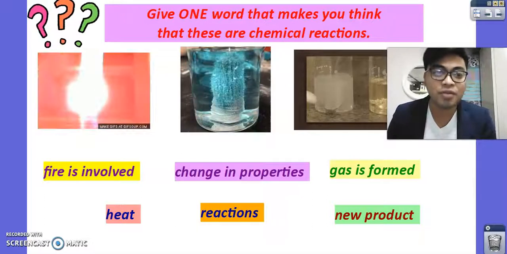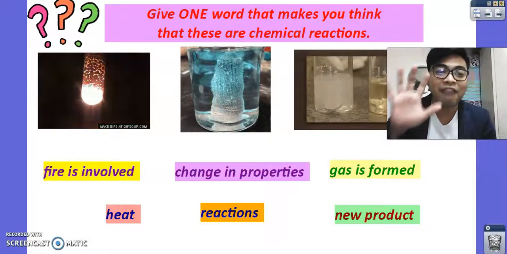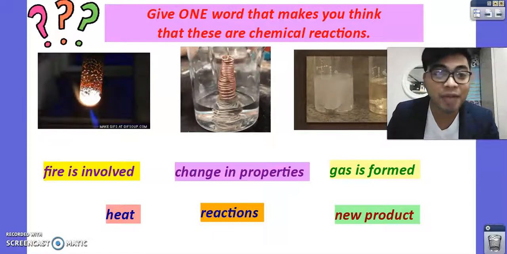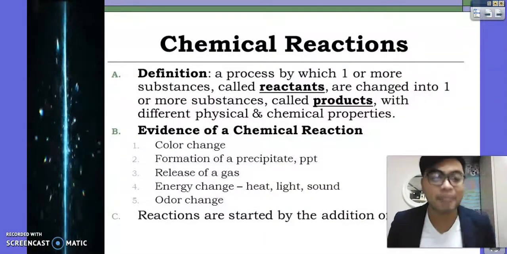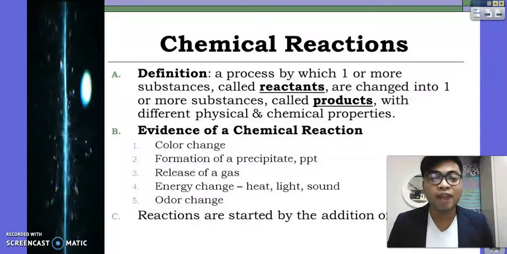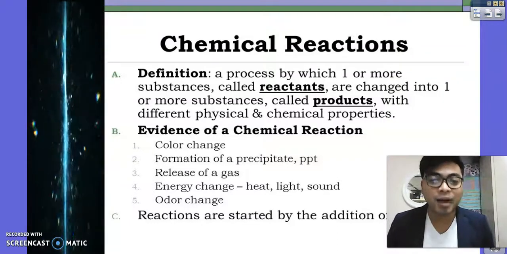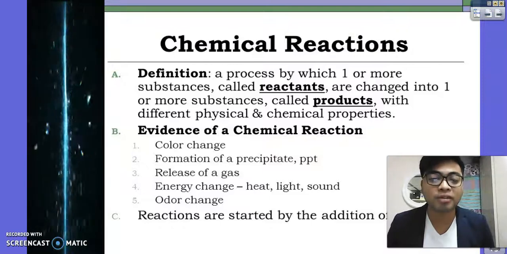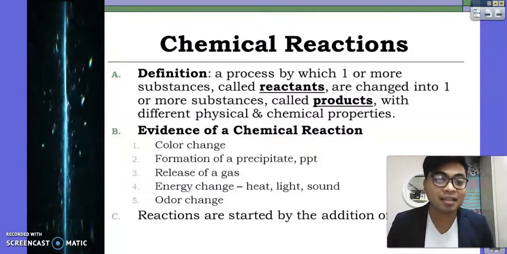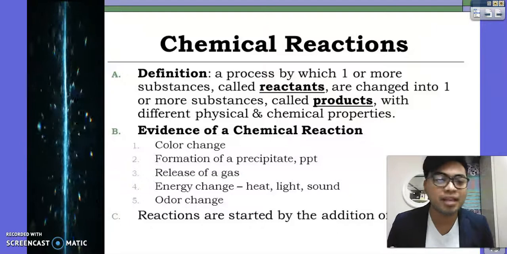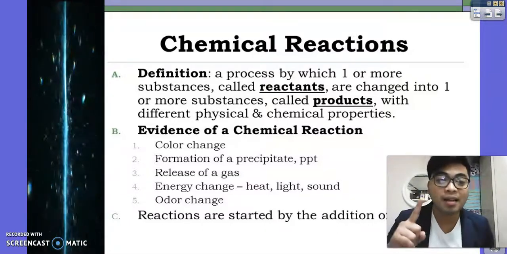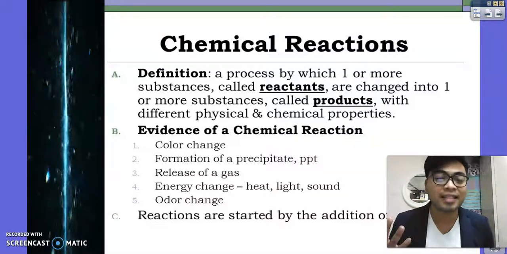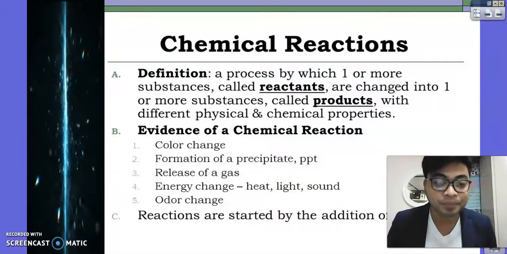So I'm going to give you here 5 scenarios and 5 indicators that a chemical reaction took place. Let's take a look here with what is a chemical reaction first. So to define a chemical reaction, it is a process by which one or more substances called the reactants, there can be 2 or 3 depending on the chemical reactions, and they always produce one or more substances, and we call them now your products.